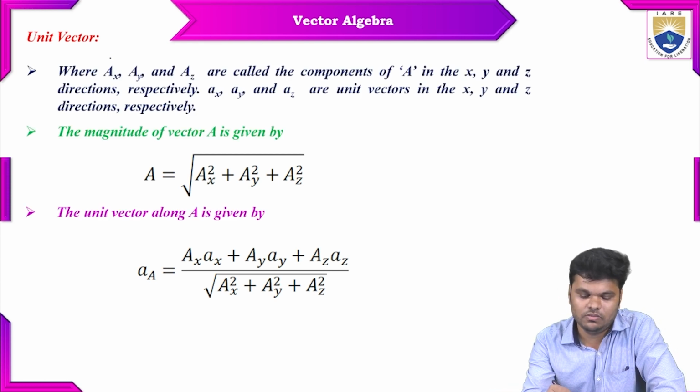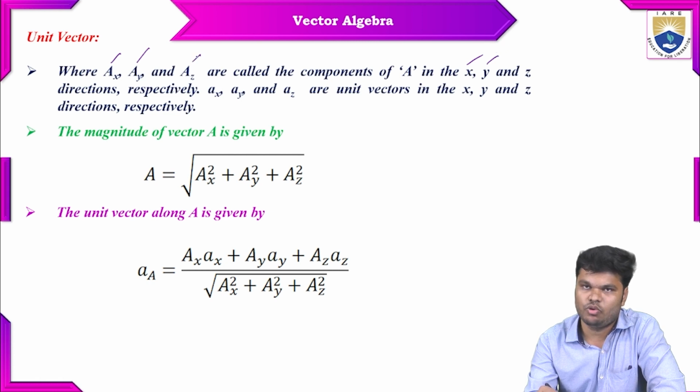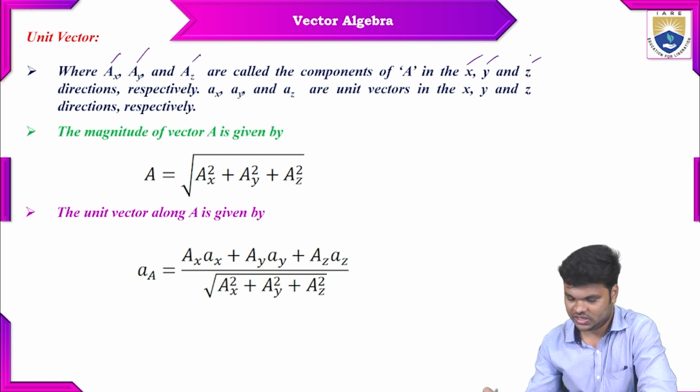As I have already told you, Ax is the component of vector A along x-axis and Ay is the component of vector A along y-axis. Az is the component of vector A along z-axis. You can see here.